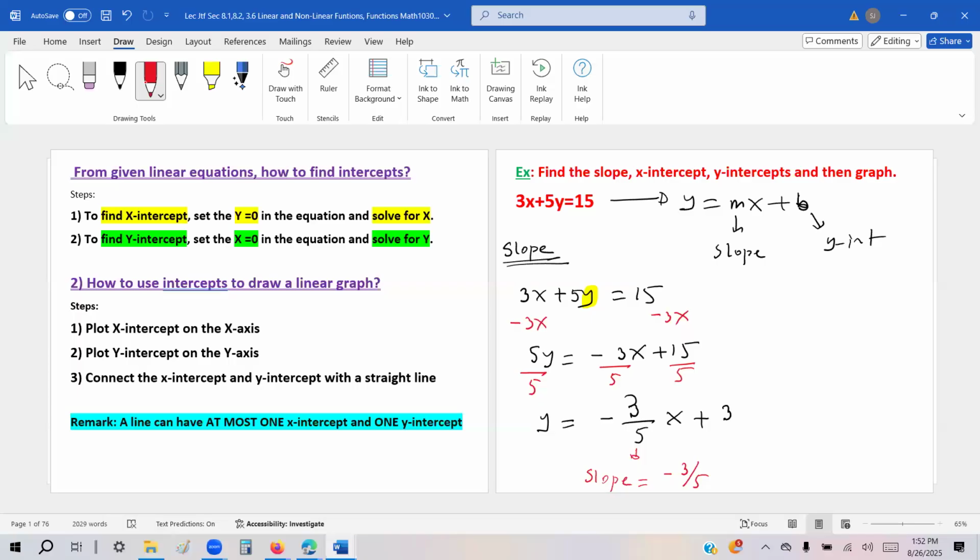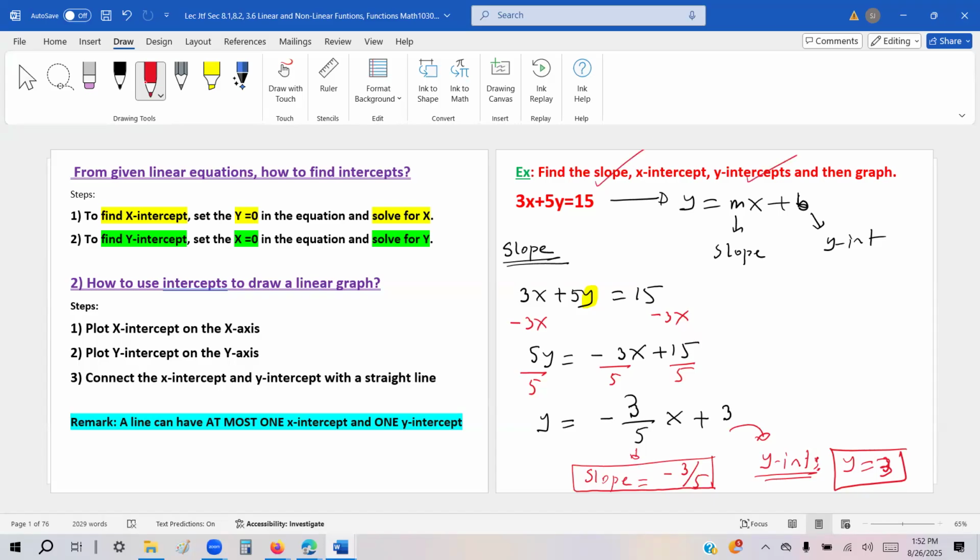X is the variable, but slope is a number. And since we solved for slope, we also got something free. What did you get? y-intercept. It's y equals 3. So we got slope as well as the y-intercept. So slope is done, y-intercept is done.